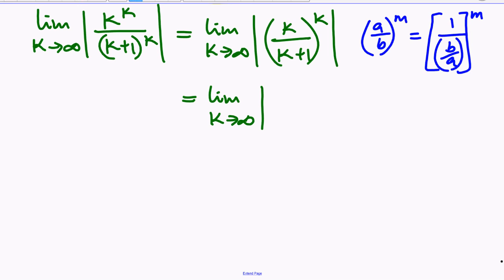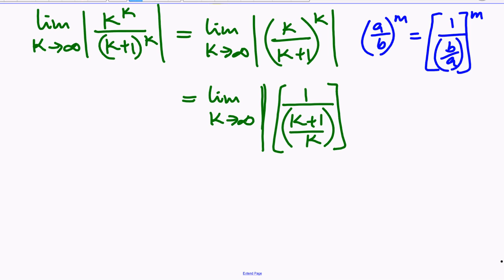So what we'll end up with here is the limit as k approaches infinity of 1 over k plus 1 over k, all this to the power k.